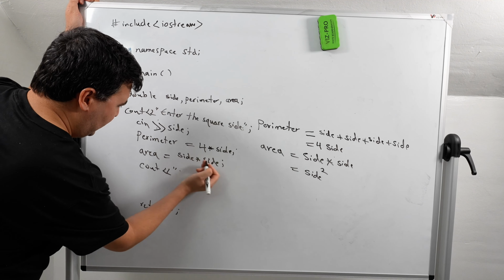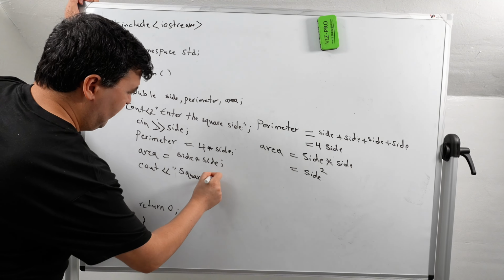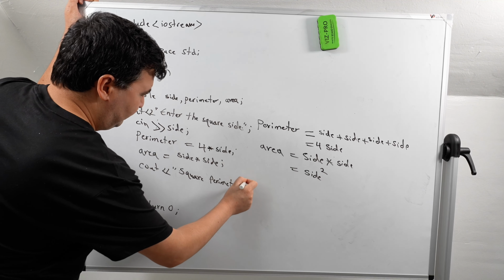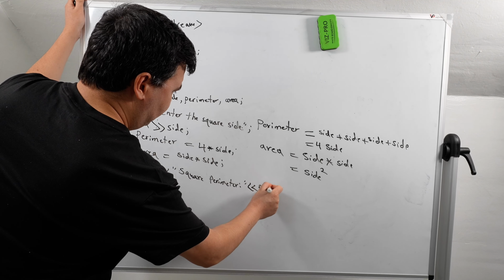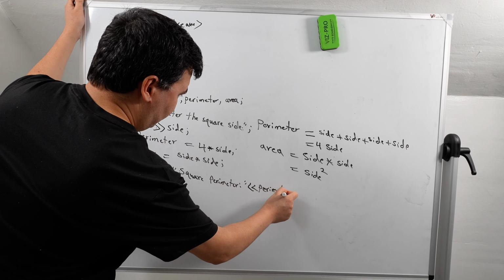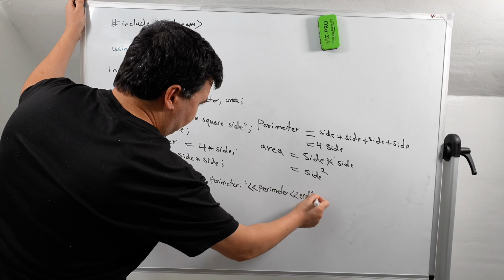It's better to say square perimeter right here. So now I can print the perimeter, and then I can use endl, then a semicolon.